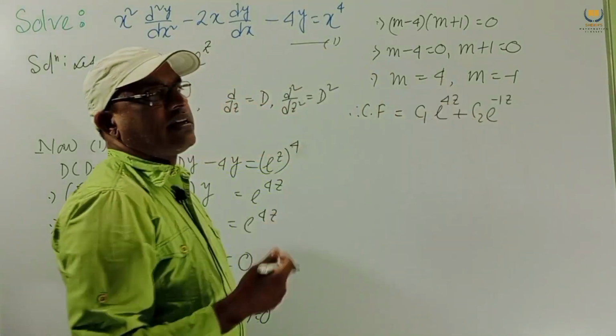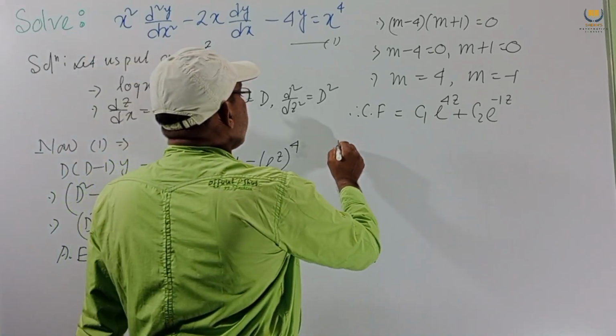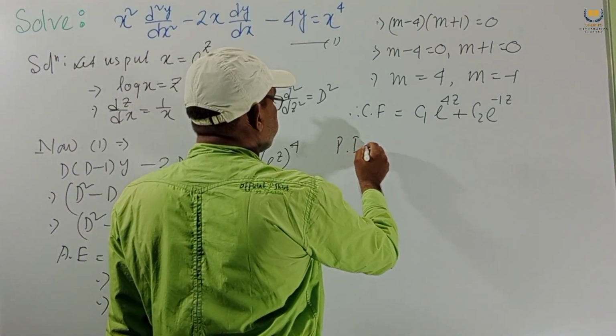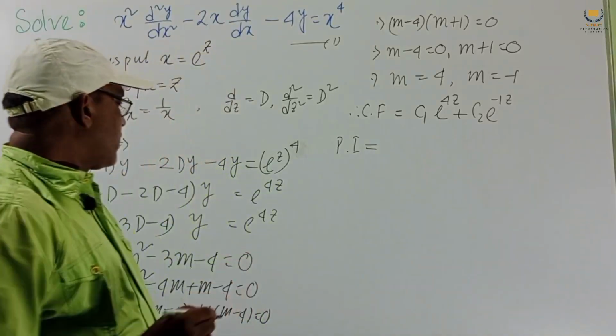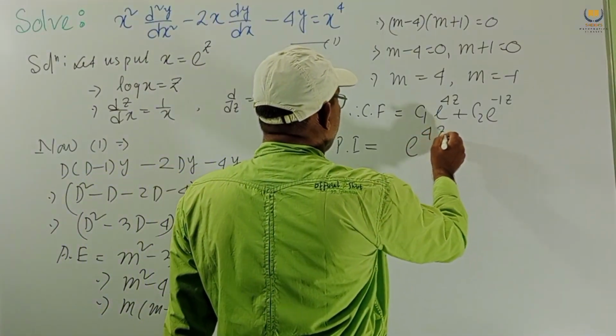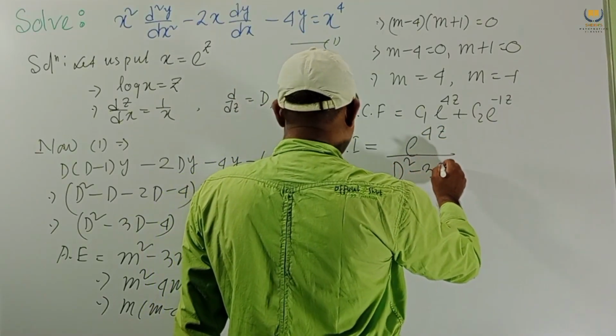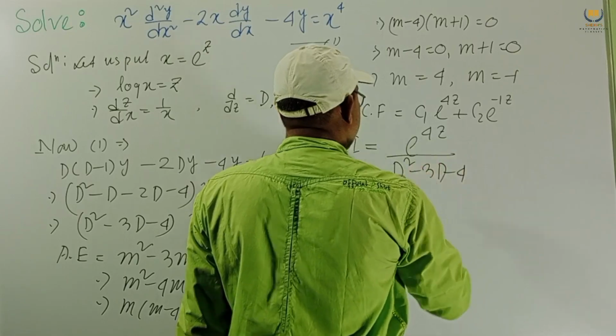We convert in terms of x later. Now the particular integral is e to the power 4z by D square minus 3D minus 4.